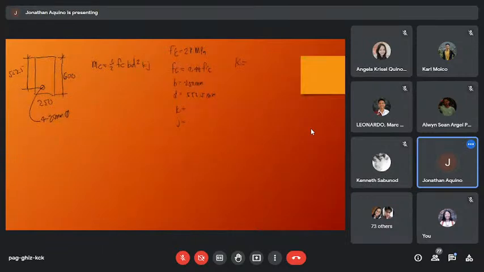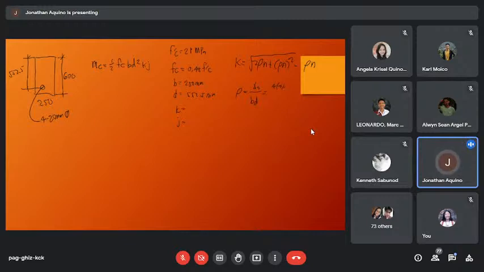But what is rho? Rho is the steel ratio, the ratio of steel with reference to the concrete section B and effective depth. So AS over BD.